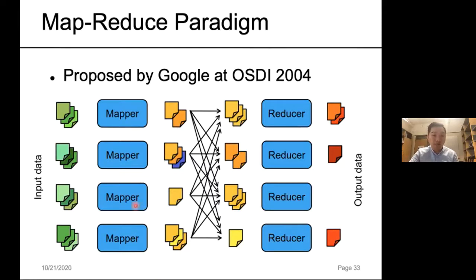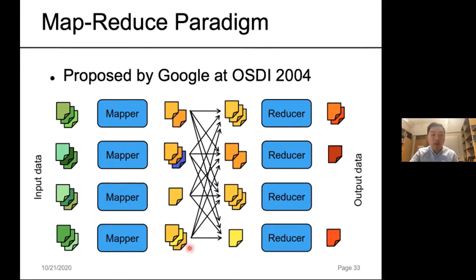steps: the mapper, the shuffler, and the reducer. For the mapper, each worker node applies a map function to the local data and writes the output to a temporary storage.